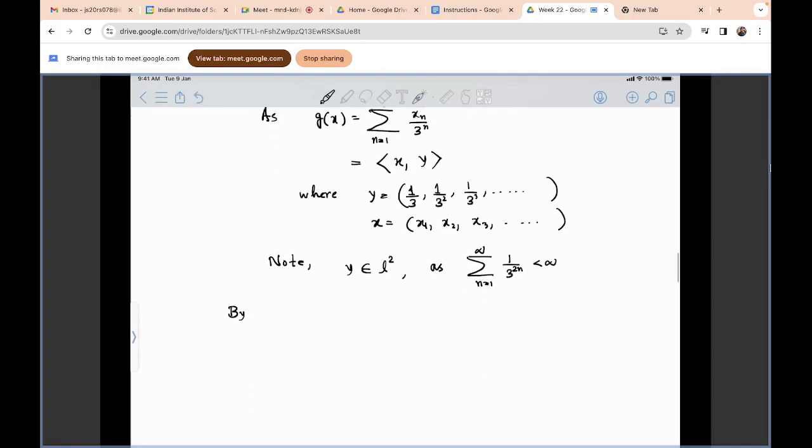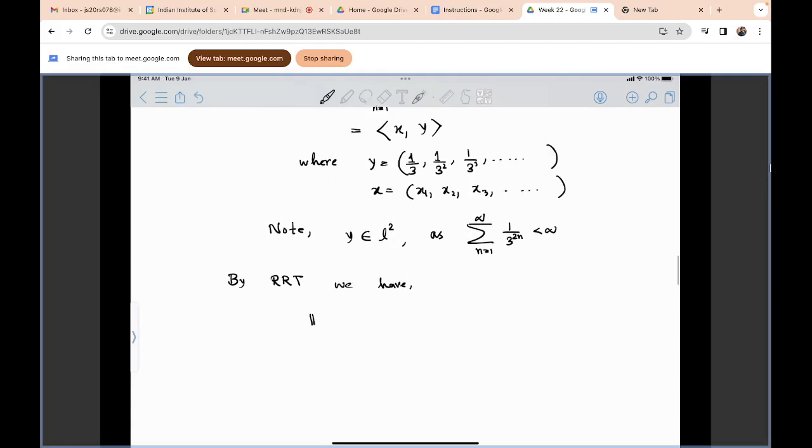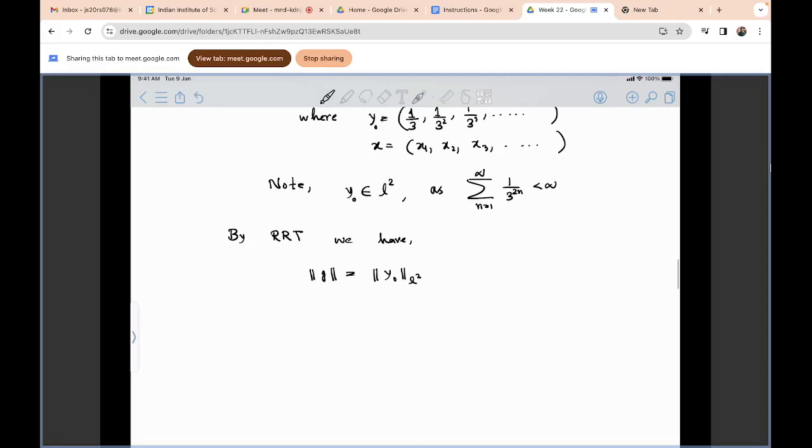So by uniqueness in the Riesz representation theorem, this is that y. Let me call it y naught. By the Riesz representation theorem, we have the norm of G equals the norm of y naught. So what is this norm of y naught? The norm squared is the sum over n equals 1 to infinity of 1 by 3 to the power 2n.